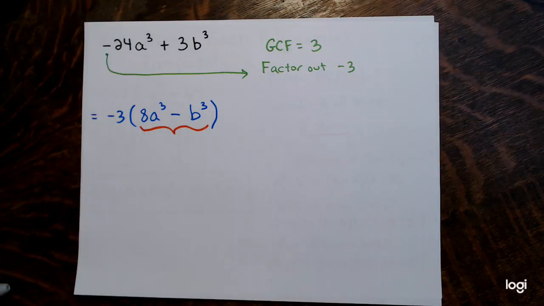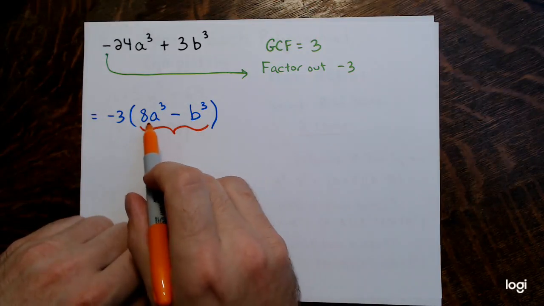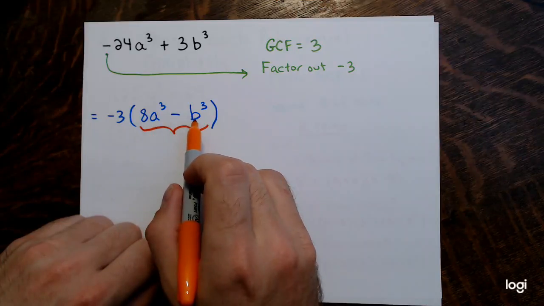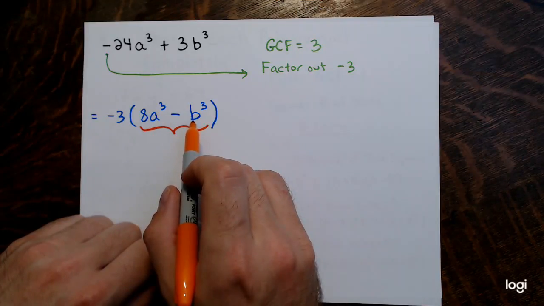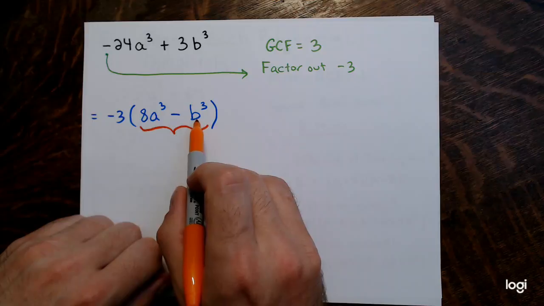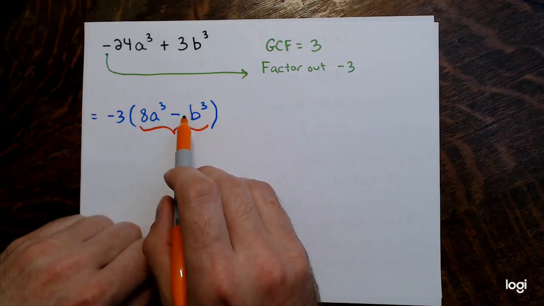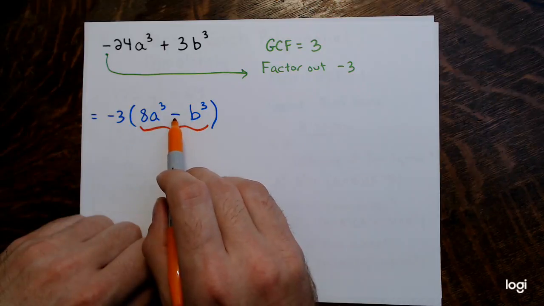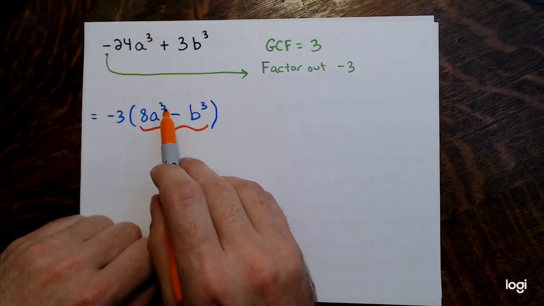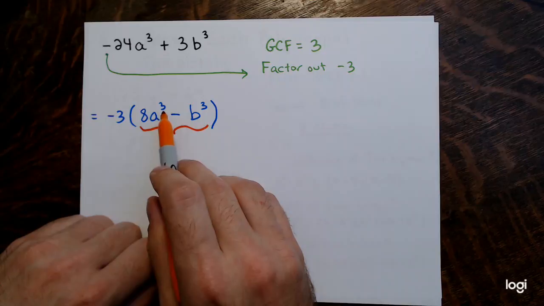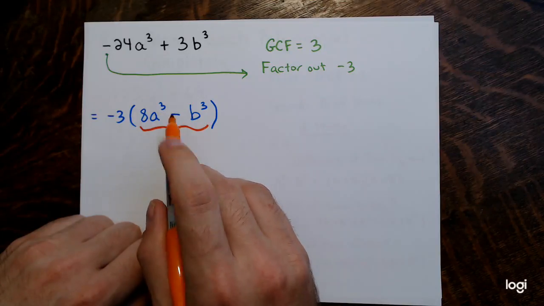Well, it's got two terms, so we have to check. Ask ourselves: is it a difference of two squares? My powers aren't multiples of 2, but it looks like it could be a difference of cubes. My powers on the variables are multiples of 3, and it's a minus here.